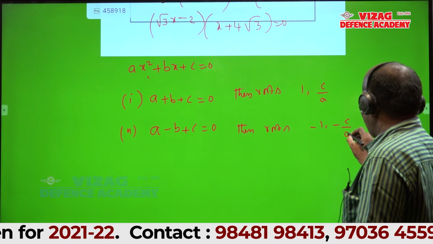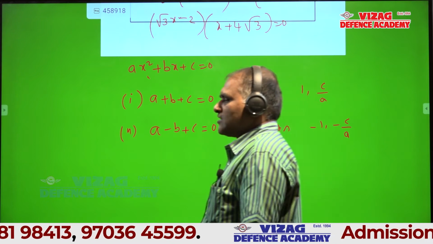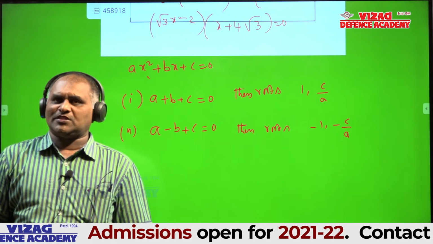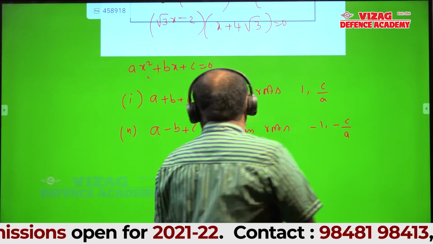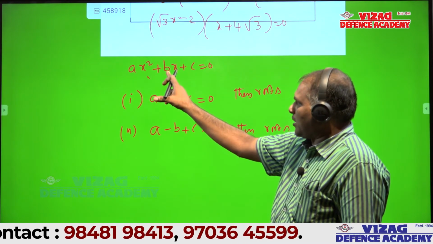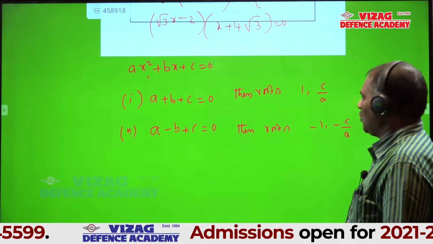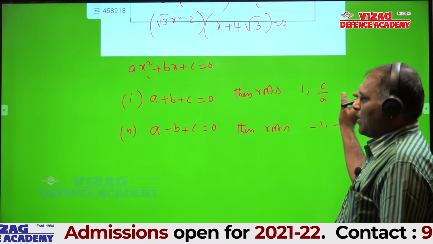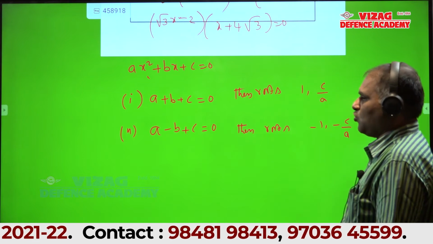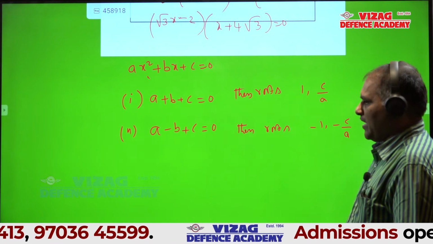Two points, very important, we use them so many times. In ax square plus bx plus c equal to 0, that means the sum of coefficients: x square coefficient a, x coefficient b, constant c. If a plus b plus c is 0, then the roots are 1 comma c by a. If a minus b plus c is equal to 0, then the roots are minus 1 comma minus c by a.